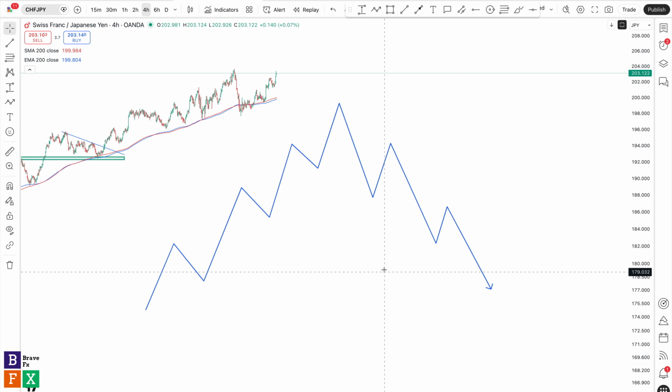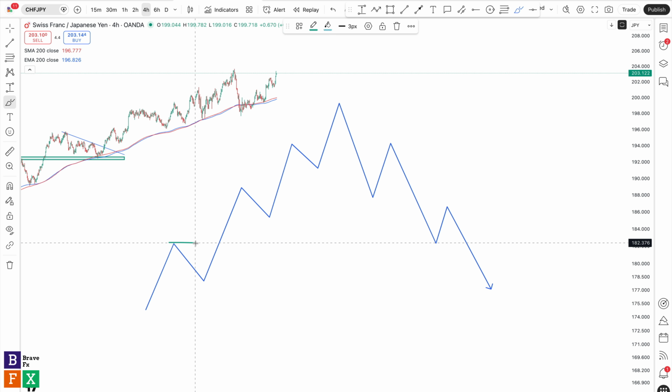Now, over here, you can see a clear formation of higher highs, so higher swing highs, and higher lows. So clearly, this is a bullish market structure. Now, a change in market structure is where the price action changes from creating higher swing highs and swing lows to creating lower swing highs and lower swing lows.